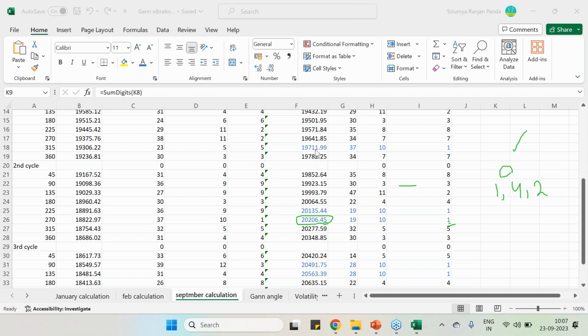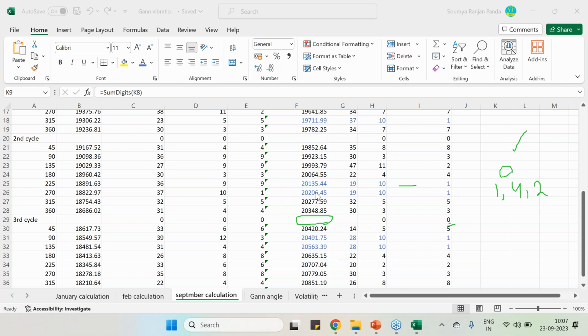When this price 19,711.99 crossed, we are expecting the high to be 20,135.45. If this crossed 20,206.45, very closely they are sitting. For example, if it crosses 206.45 and maintains, what will be the next high as per vibration? Look at this calculation and tell.